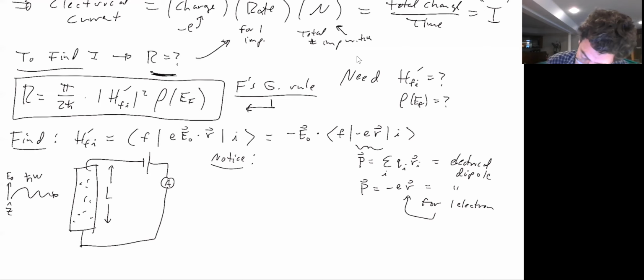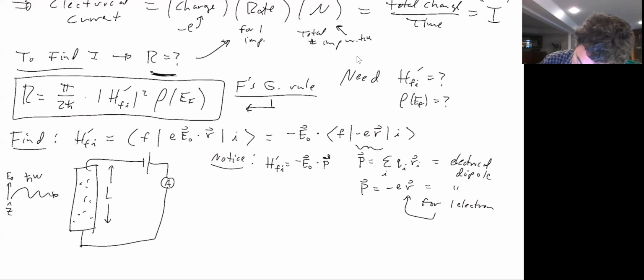So the point I just want to make is that H prime is equal to minus E naught dotted with the matrix element of the dipole operator. You're not maybe used to thinking like that, but it is what it is.